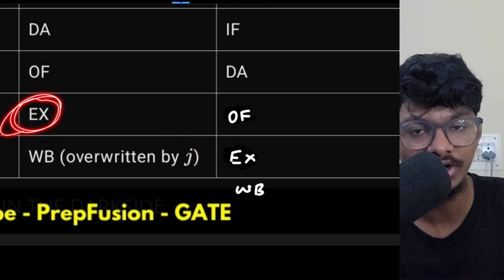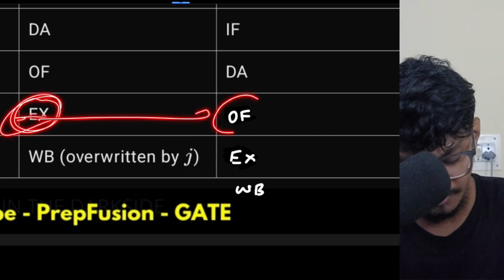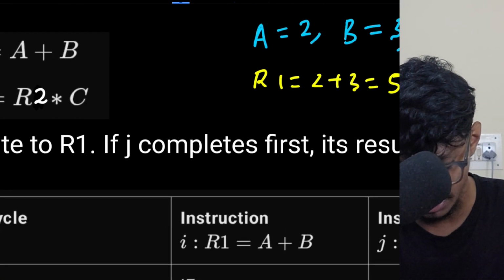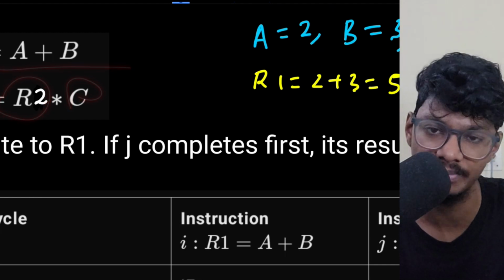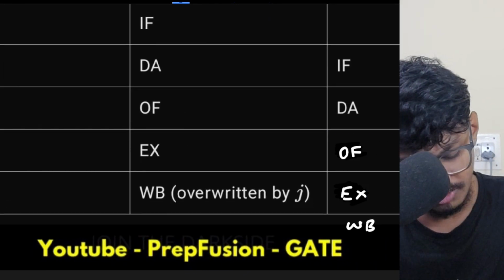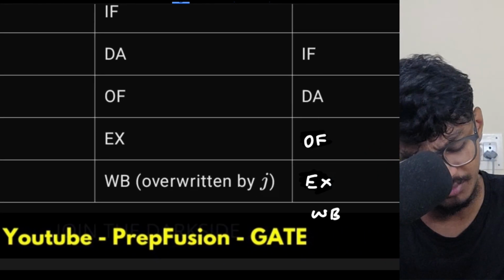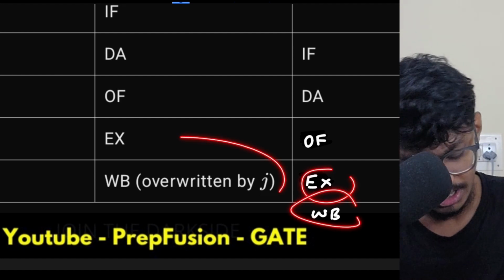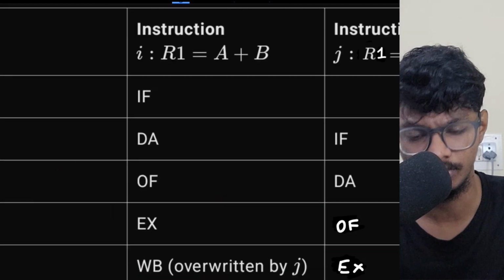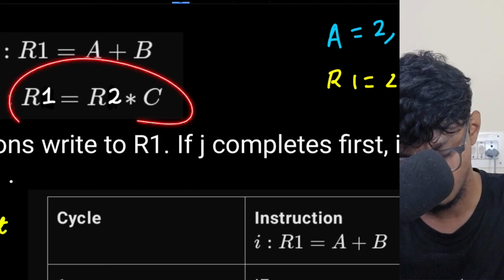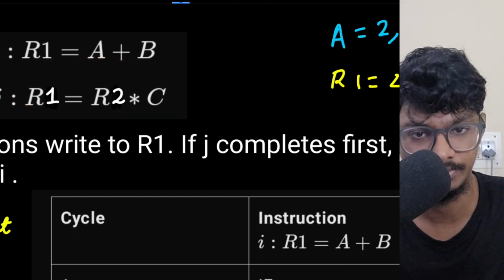Do I have to wait for this execution phase? No, right? I can fetch the operands because these operands are totally independent. R2 and C are totally independent of the previous operands. So I can fetch R2 and C here, perform my execution and then write back. I don't care whatever was written there previously in R1 because finally I want this value only. So it doesn't matter.